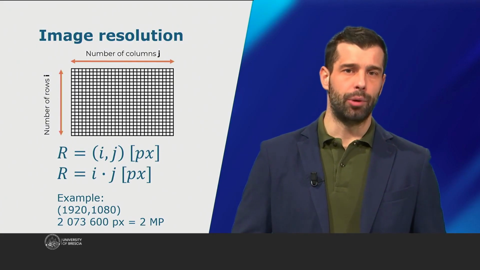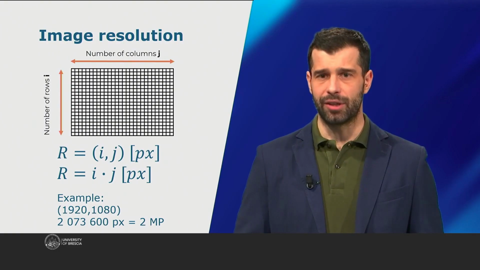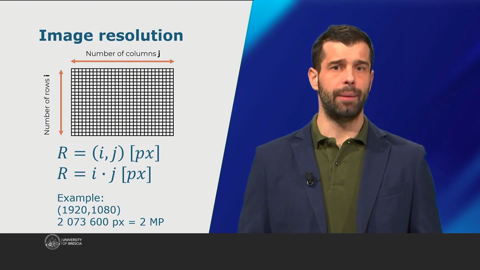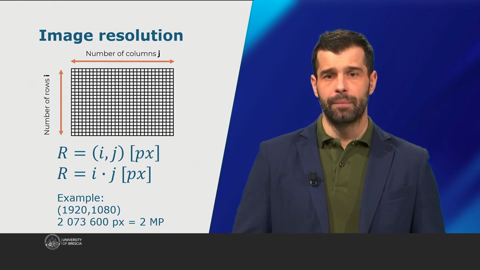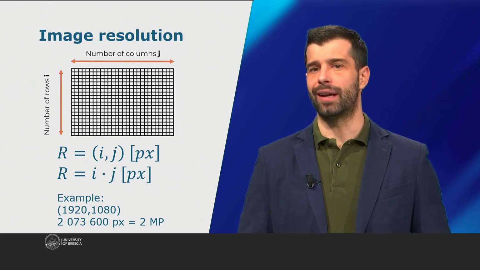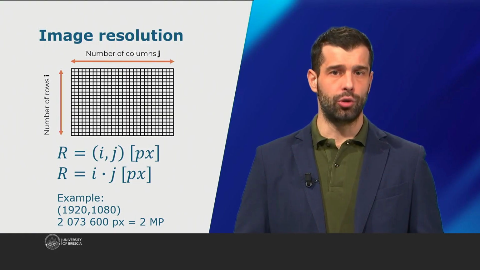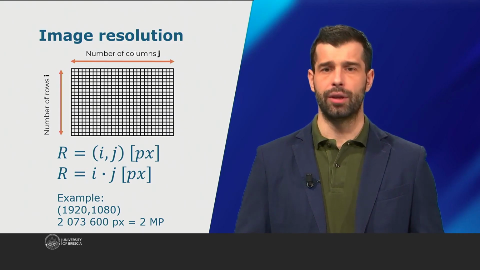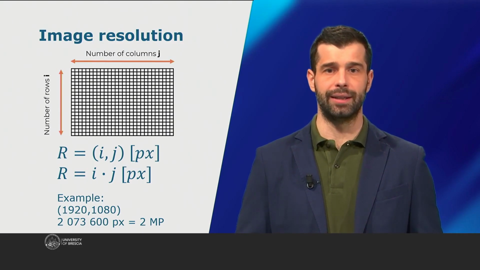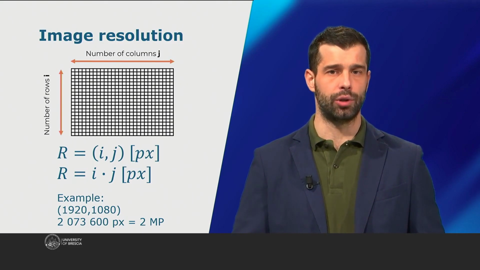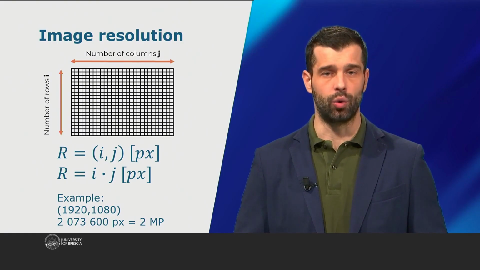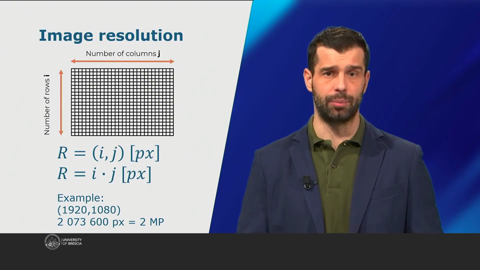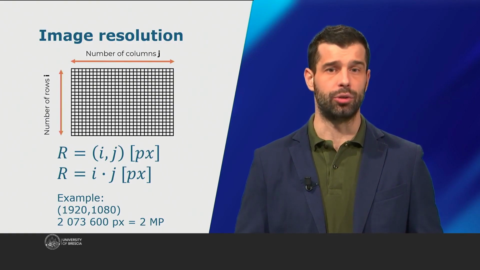Resolution represents the number of rows and columns that make up this matrix, forming the image, so it corresponds to the number of pixels that make up the camera sensor. Resolution can be expressed in two different ways, either as two numbers corresponding to the number of rows and columns in the image, for example, 1920 by 1080, meaning 1920 rows and 1080 columns, or as a single number, given by the product of the number of rows and the number of columns, such as 2 megapixels.